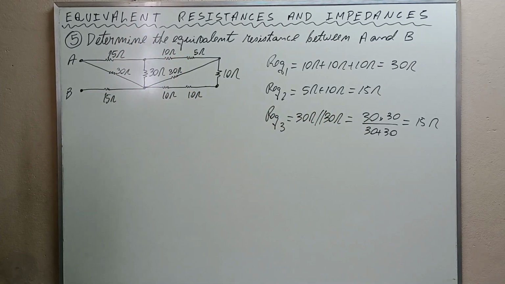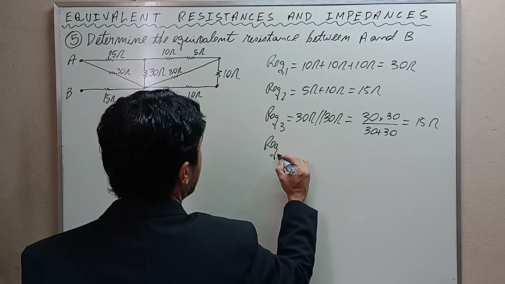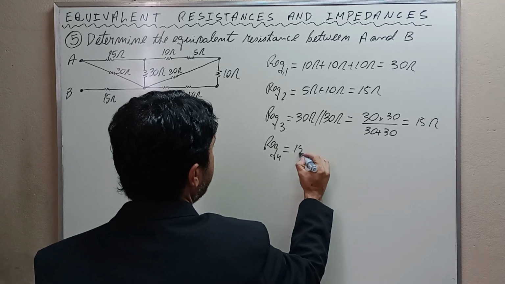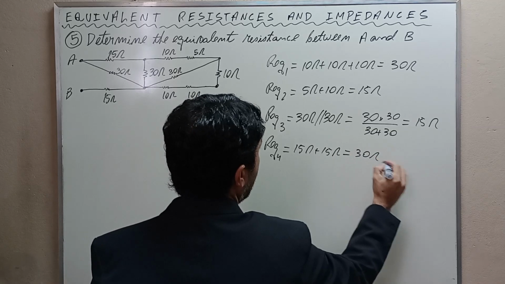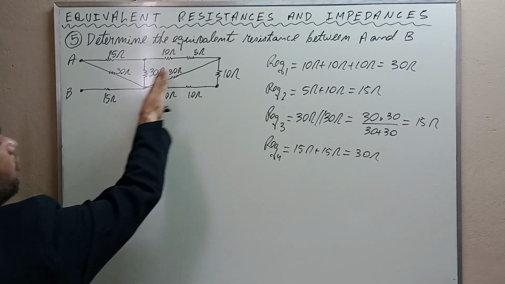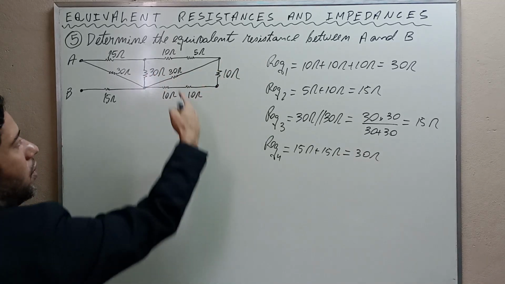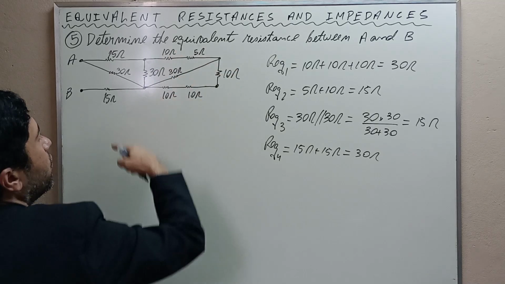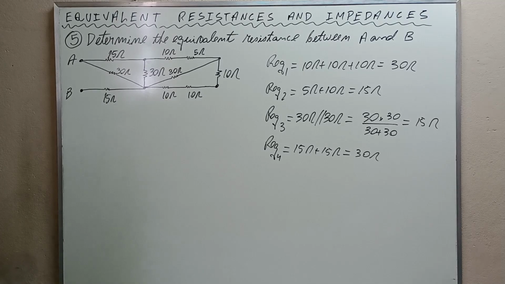We notice then that there are two 15 ohms resistances in series. Equivalent resistance number 4 is 15 plus 15, which is equal to 30. This 15 here replaces all this with this, and in turn will be in series with this, okay? 15 plus 15 is 30.